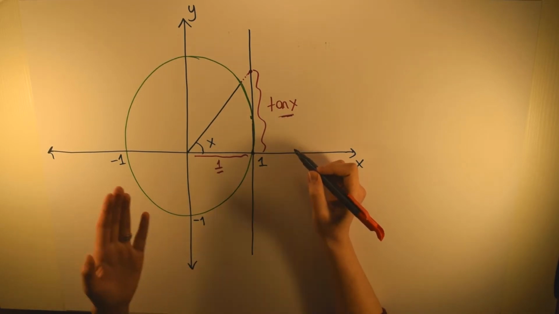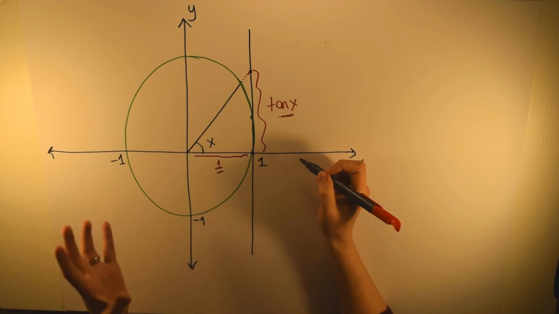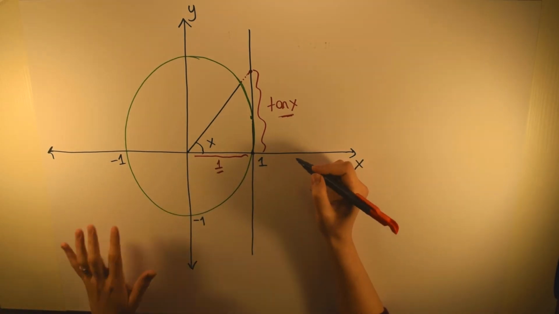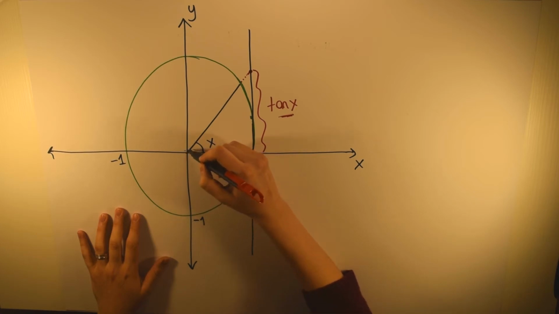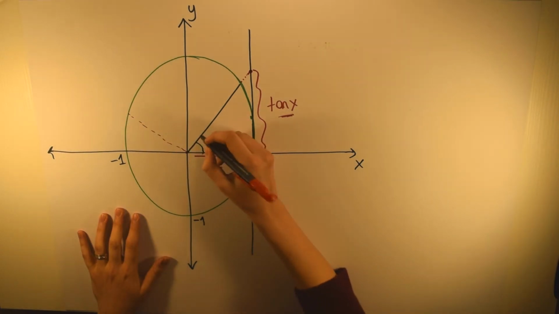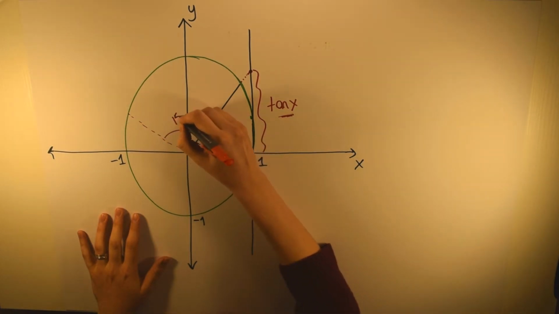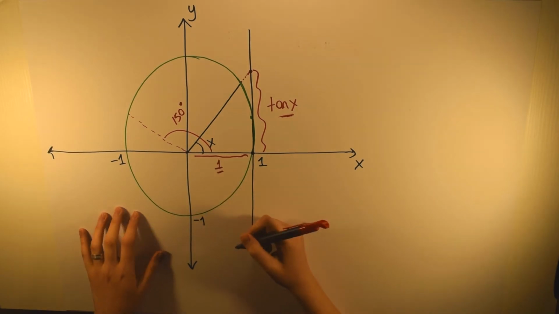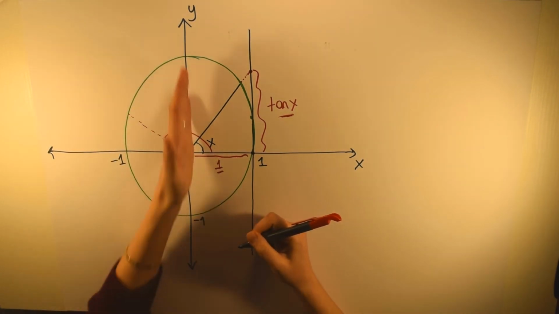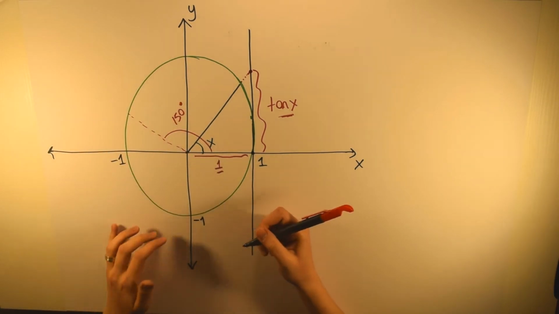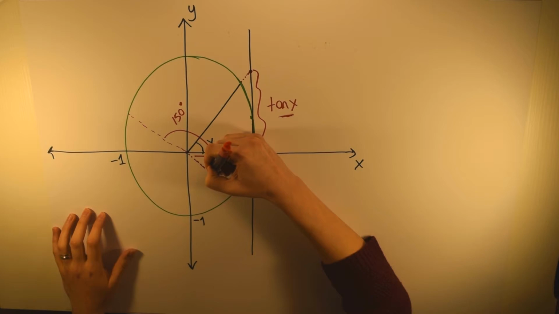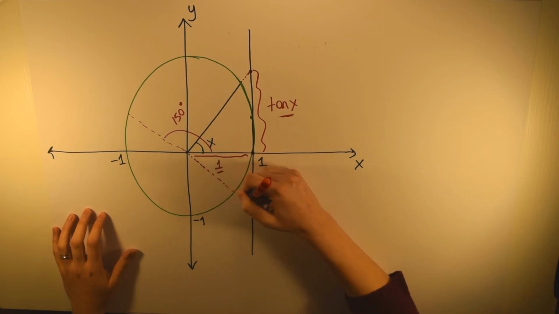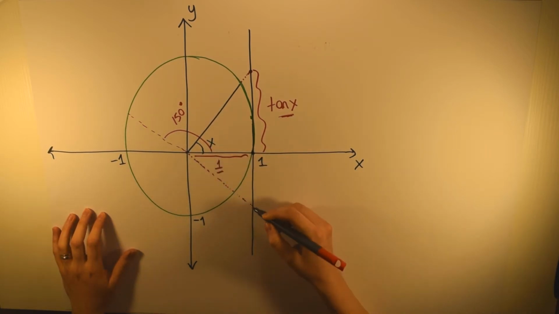For example, let's say we want to find the tangent value of 150 degrees. Let's say this is 90 degrees, so 150 would be somewhere here. As you can see, there is no intersection with the line parallel to the y-axis, so you should just extend the line until it meets it.